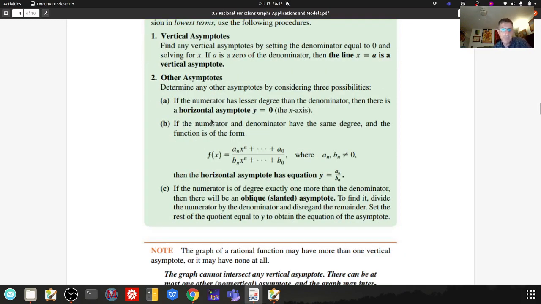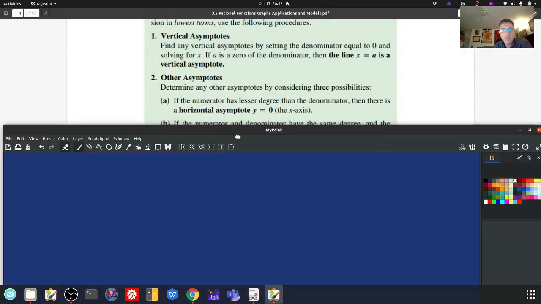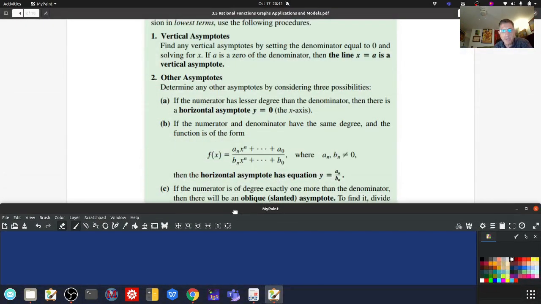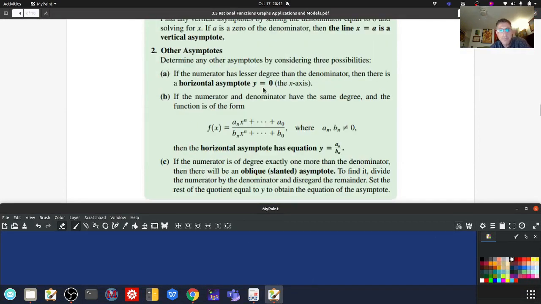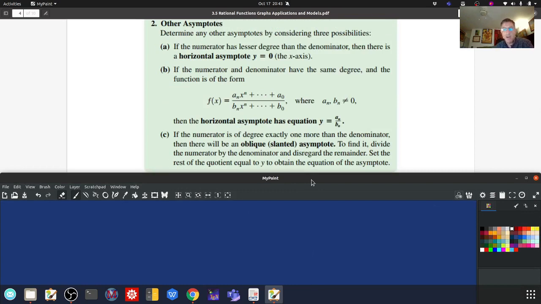Other asymptotes. Here we have 3 cases. The thing to remember is that we're dealing with rational functions, and rational functions are defined as ratios of polynomials.